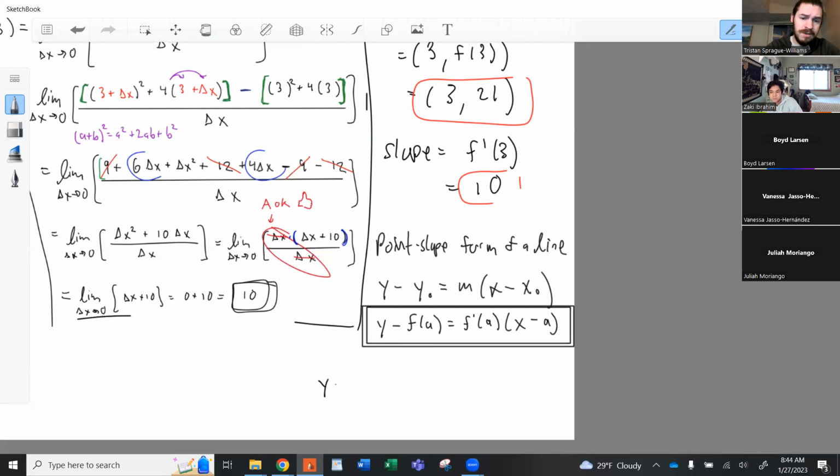So for our case here, it's going to be y minus 21 equals 10 times x minus 3. So let's graph that in Desmos.